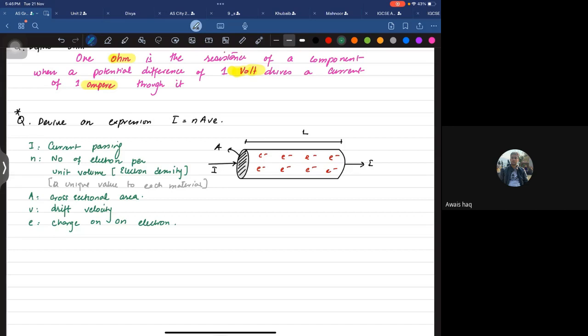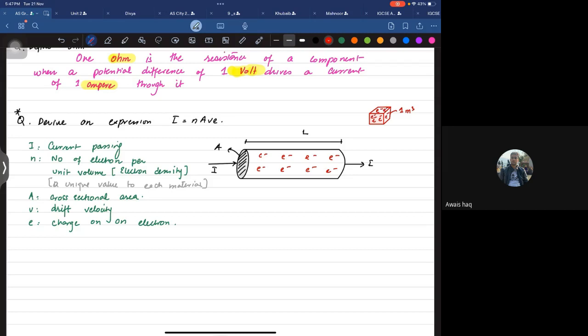All right, kids. Now first off, I'd like to tell you what exactly this electron density thing is. It basically means that if you cut a section of this wire, and that section of wire is of 1 meter cube of volume, we want to count how many electrons exist there.